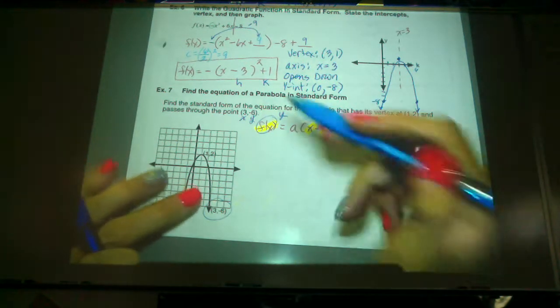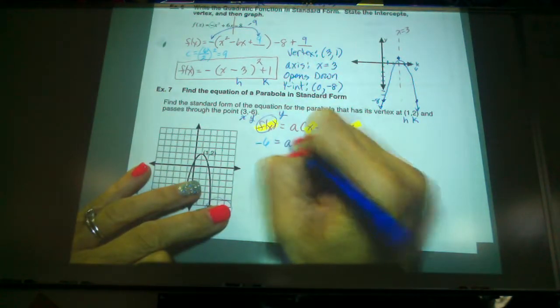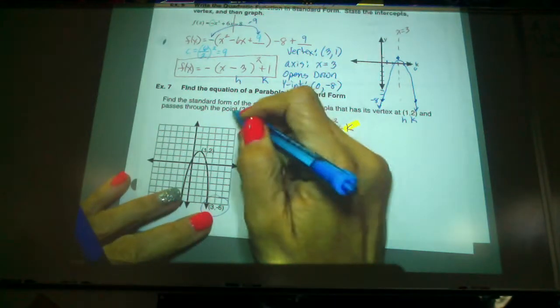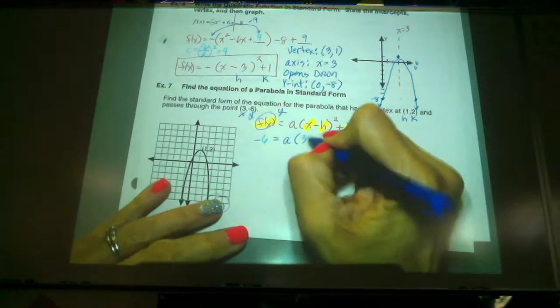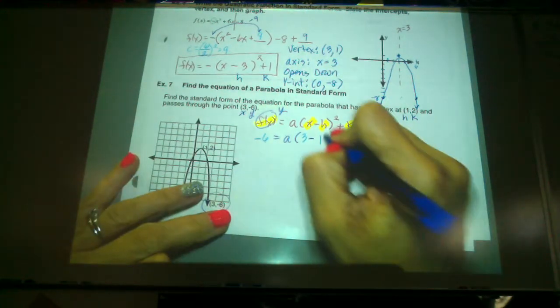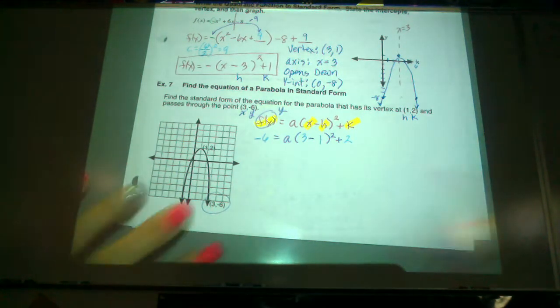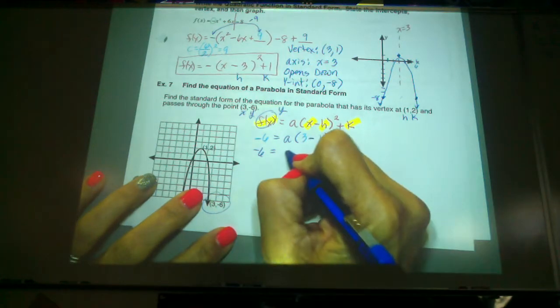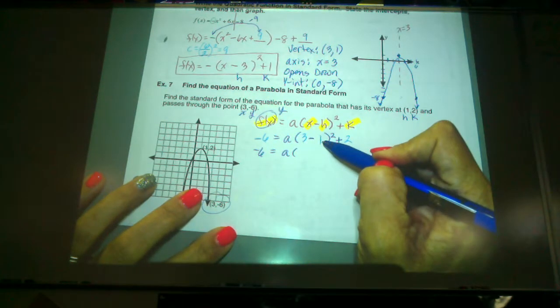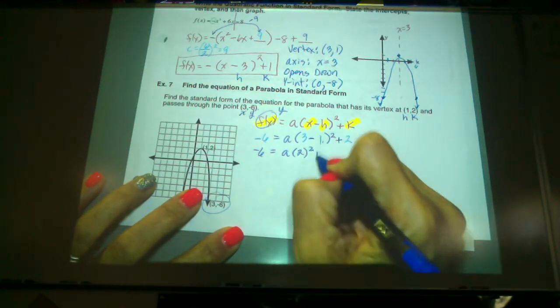For y, I have negative 6 equals a times my x, which is 3, minus, keep the minus in there, my h, which is 1, squared, plus my k, which is 2. Now do the math. Negative 6 equals a times 3 minus 1, which is 2 squared, plus 2.